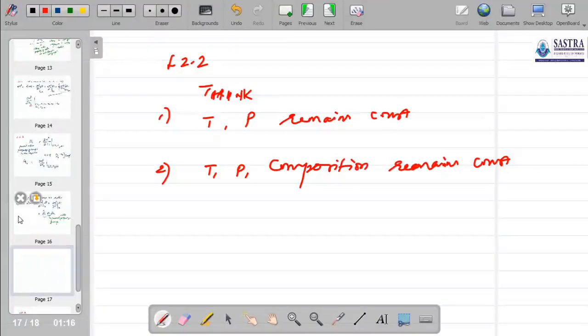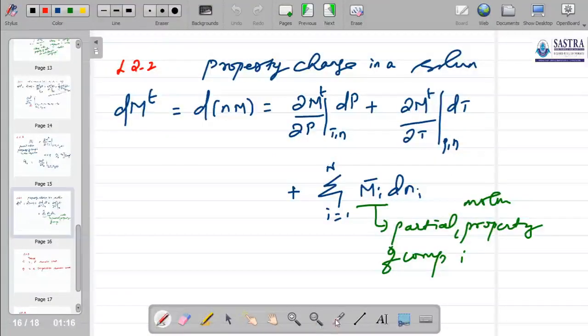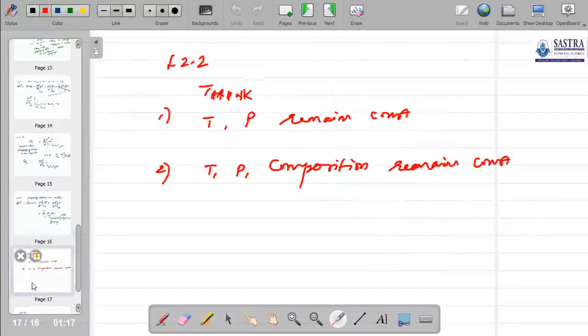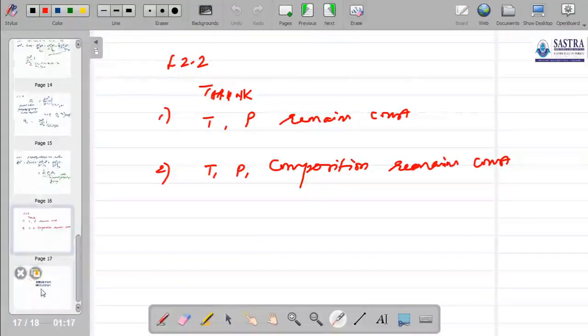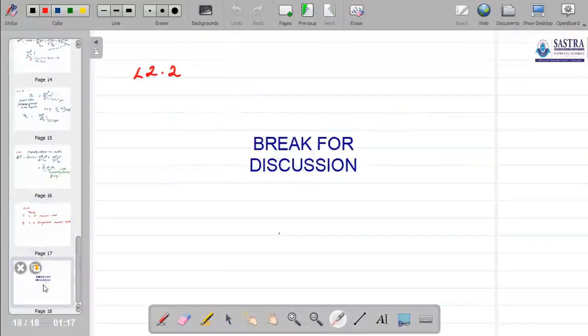Here you have the equation which represents the total change in the property of the system due to the change in pressure, temperature and the moles. Suppose the pressure and temperature remain constant, what would happen? And if everything remains constant, then what would you expect? Take this as a trigger, and we will see what the deductions of these assumptions would be in terms of the property relationships.